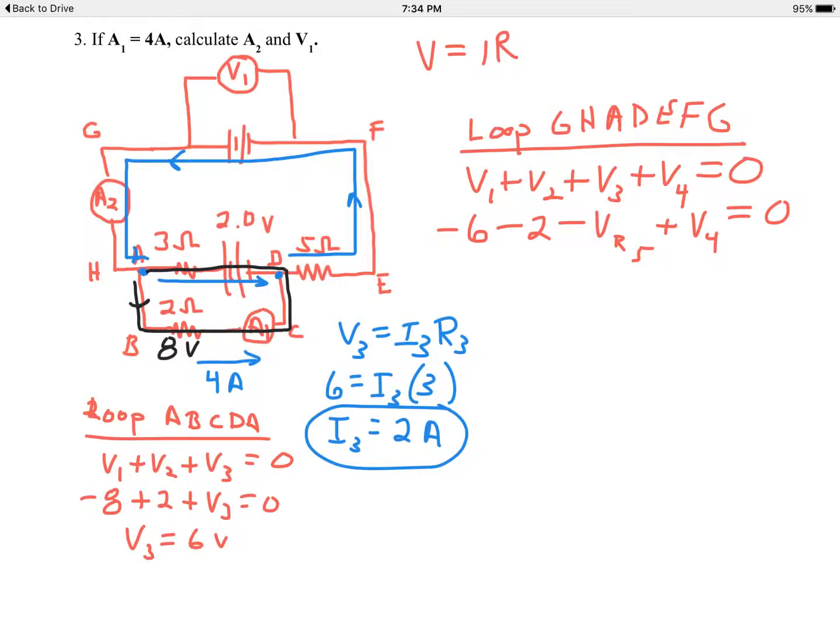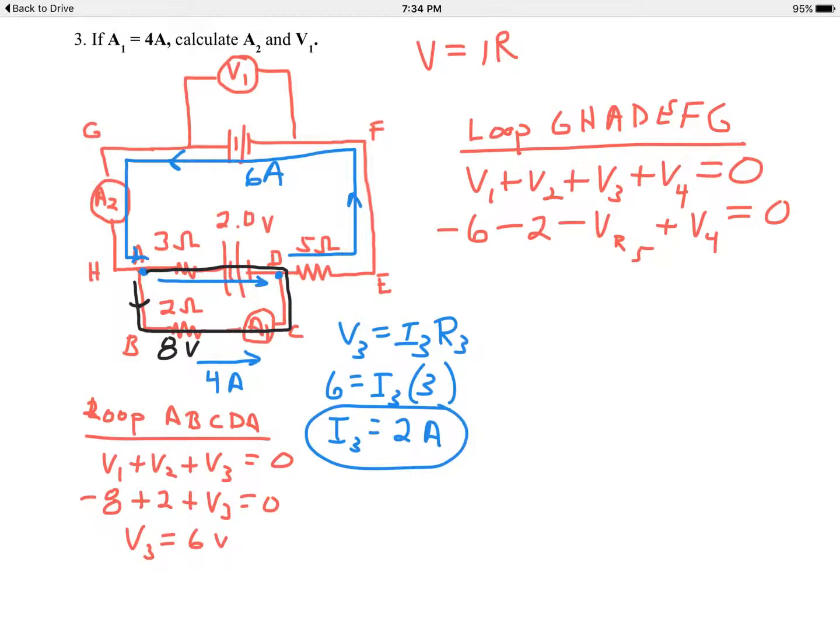Now if we look at junction D, we can go back to Kirchhoff's first law. We have 4 amps going from B to C up into D, and from A to D we have 2 amps. We have 6 amps going into junction D. Therefore, we must have 6 amps coming out of junction D. This blue arrow up here must be a 6 amp current because the 4 plus the 2 gives you 6 amps.